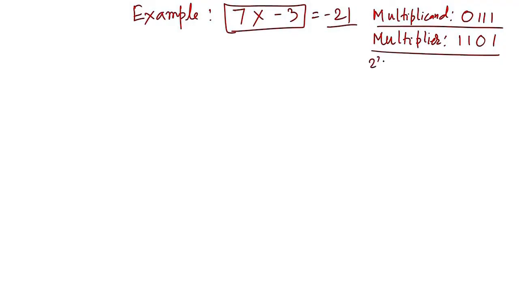So, as I said, instead of subtracting, we can add 2's complement of m. Therefore, we need to compute 2's complement of m. What is that? 2's complement of m will be 1 0 0 1.